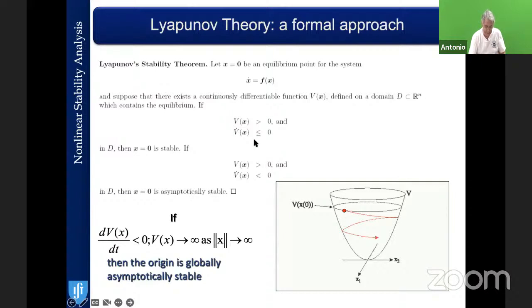If the derivative is less than or equal to 0, the origin is stable. If the derivative is less than 0, which is the case that I showed you, then 0 is asymptotically stable. You have stability and attractiveness. So the bottom line is, when you wish to do something very interesting, you have to concoct this Lyapunov function and make sure it is negative definite.